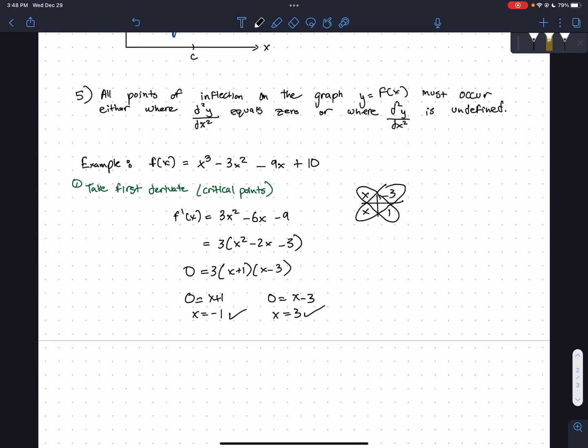These are where you will either see an inflection point, right? Or essentially not really an inflection point, because the tangent doesn't really equal 0. It could.